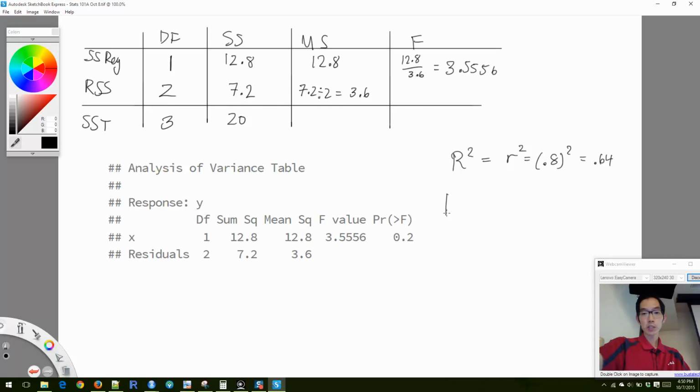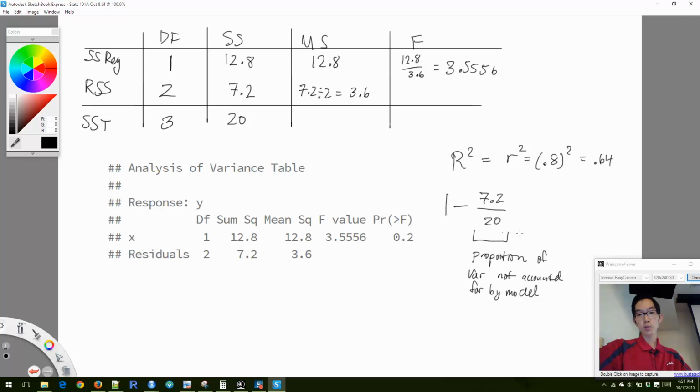So we can think of this as 1 minus 7.2 over 20. This is the proportion of variation unaccounted for, the proportion of variation in the RSS. In this case, when we only have 2 sources, you can just do 12.8 divided by 20, but this is the proportion of variation not accounted for by the model.